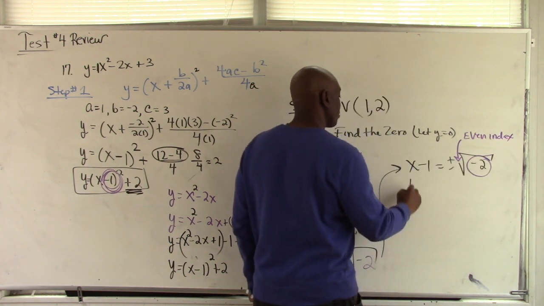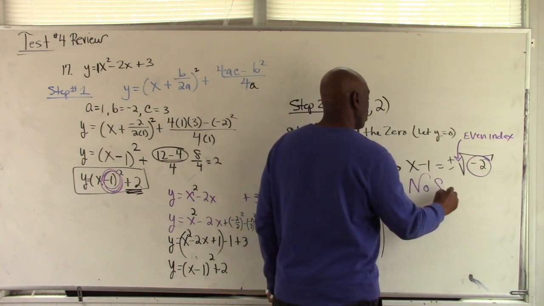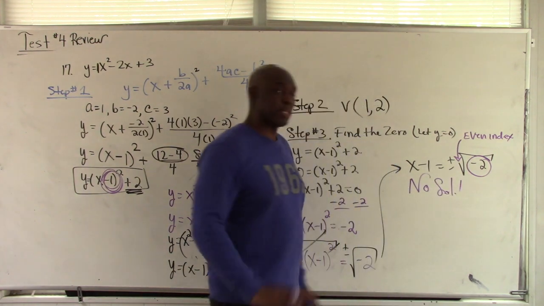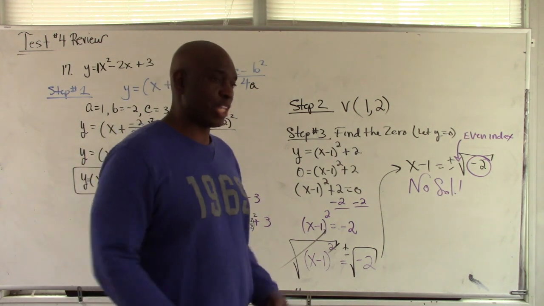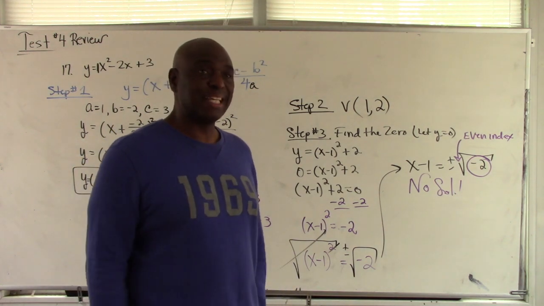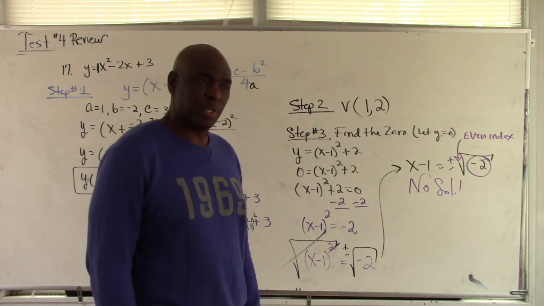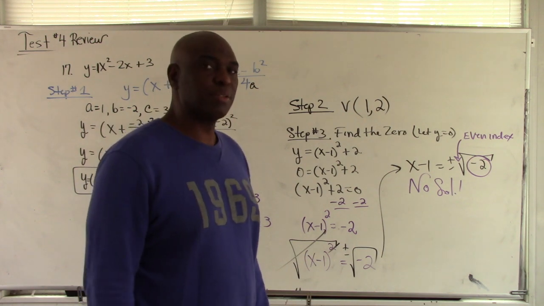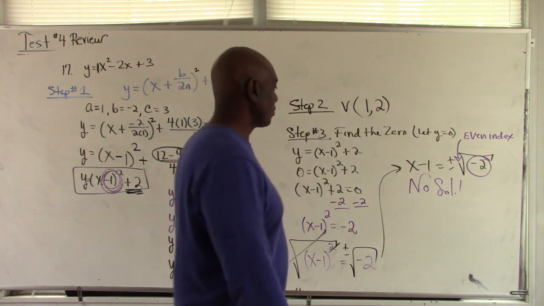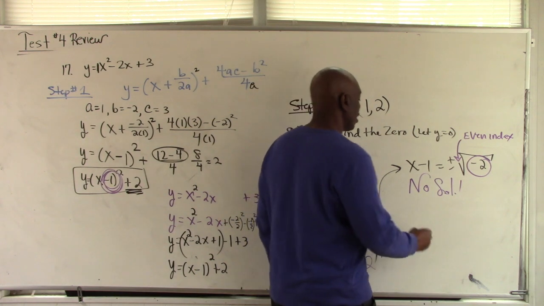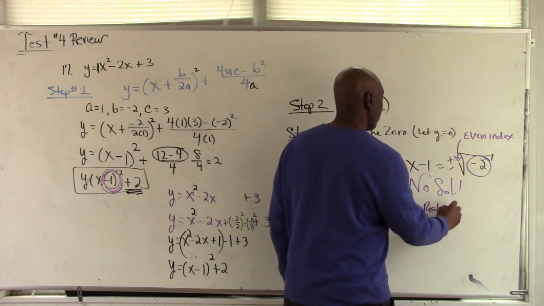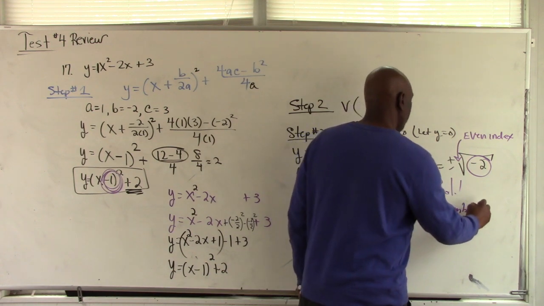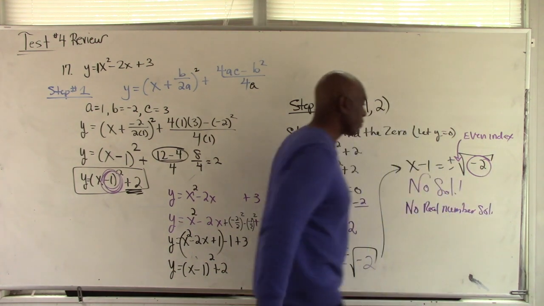That means no solution. And stop right there. That's not going to give us a real number solution. It's an imaginary number, like an i. We're not doing any i's right now. So we have to stop. All right, so it's no solution. Better yet, write no real number solution. Okay?